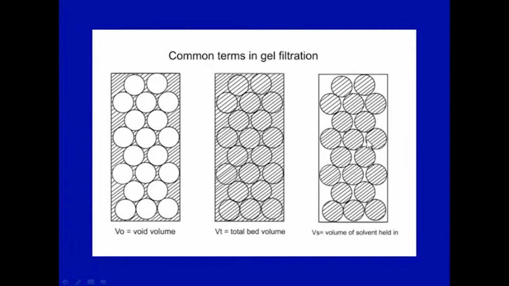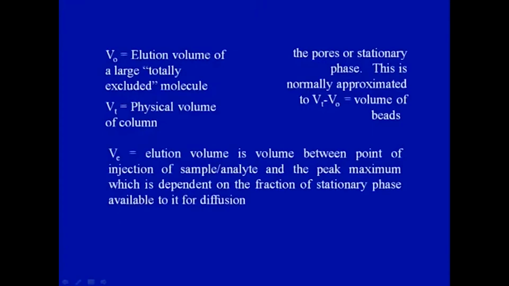Then you have the volume inside the stationary phase, called Vs, or the volume of the solvent held in the beads. That is how the void volume, the total bed volume and the volume occupied by solvent inside the support beads are described.